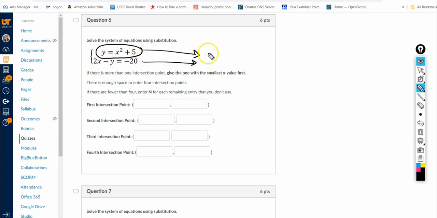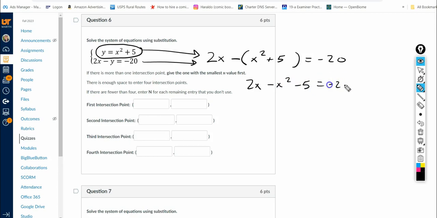So I'm going to have 2x minus y, and now instead of y, I'm going to have x squared plus 5. You have to put it in parentheses because the minus sign has to apply to every term. So then I'm going to have 2x minus x squared minus 5 equals -20.